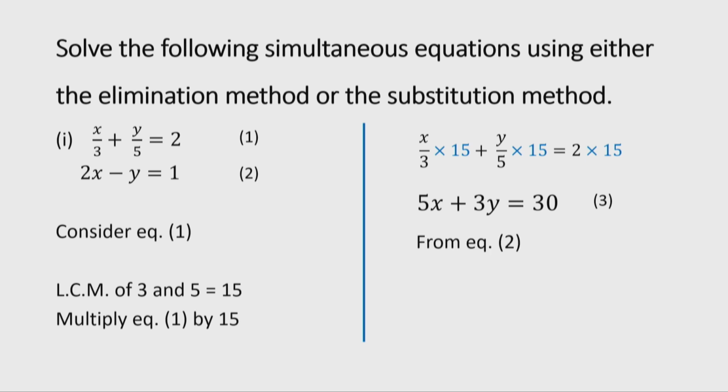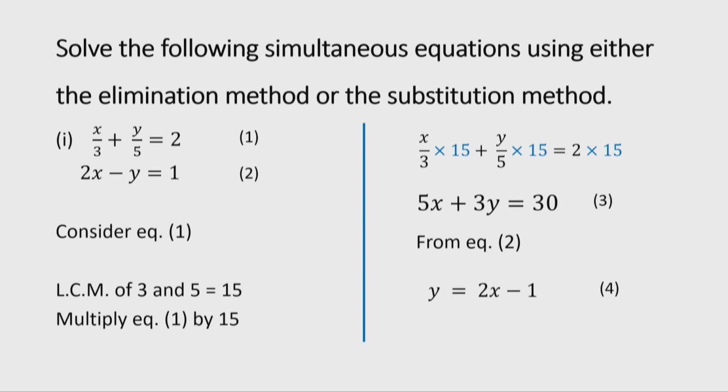Now from equation 2, I will make y the subject of formula because I will be using the substitution method. Remember, here you can either use the elimination method or the substitution method. So making y the subject of formula, I get y equal to 2x minus 1, and I call it equation 4.